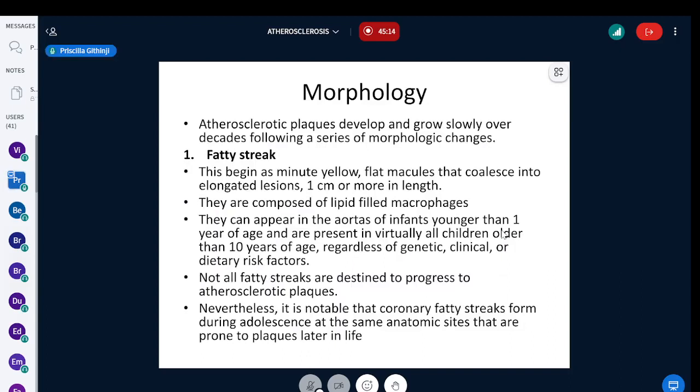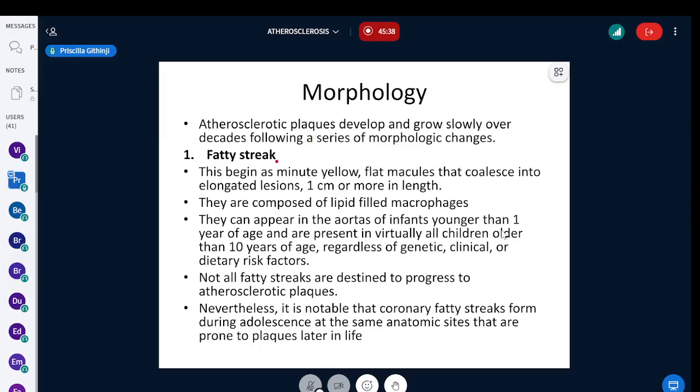So how do these plaques appear when you take a section of your blood vessels? These atheromatous plaques develop and grow slowly. We've said it's a progressive disease that occurs over decades following a series of morphologic changes. The first thing that forms is what we call a fatty streak.